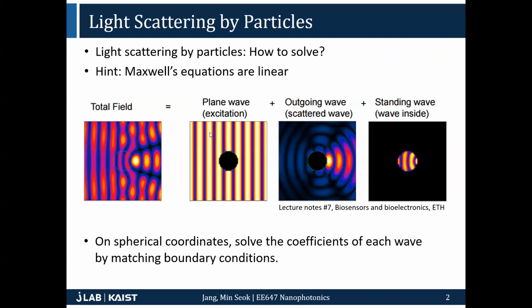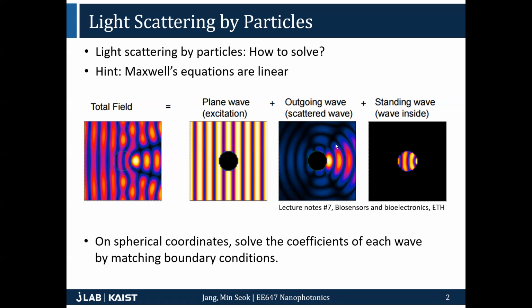How we do it, just like we did before, is we decompose the system into 3 waves. The first wave is the plane wave, which is the incident wave, just going from left to right. Then there is the outgoing wave, which is called the scattered wave.